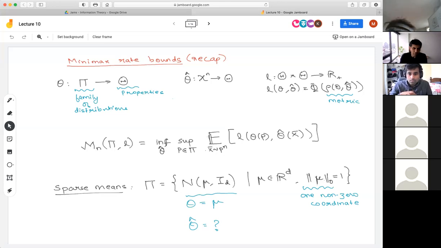I give you a distribution and samples from it, and the goal is to find an estimator for this mean. Any suggestions of what we can do?